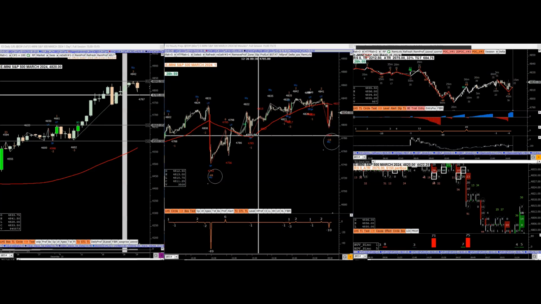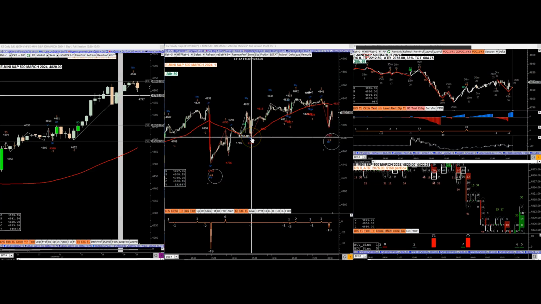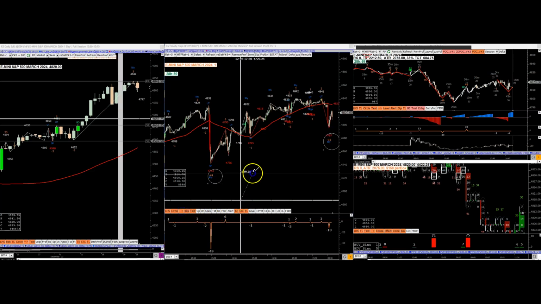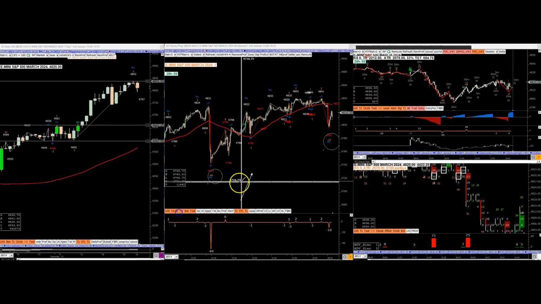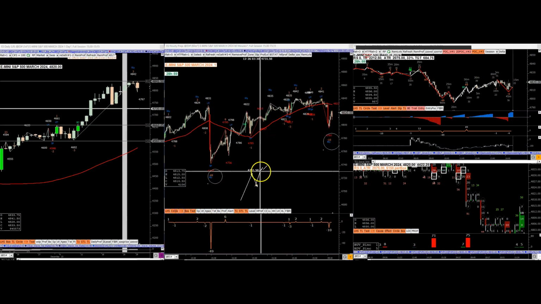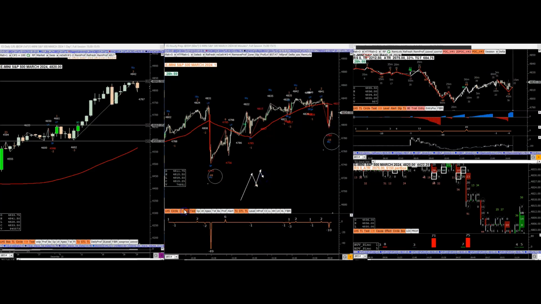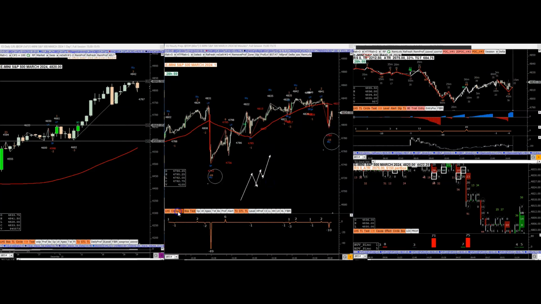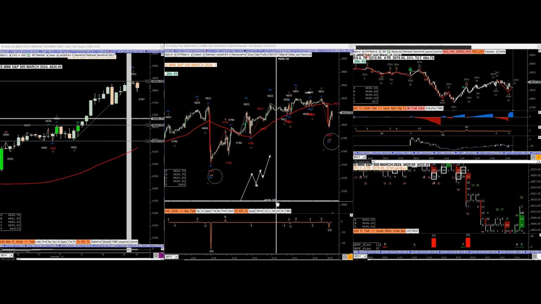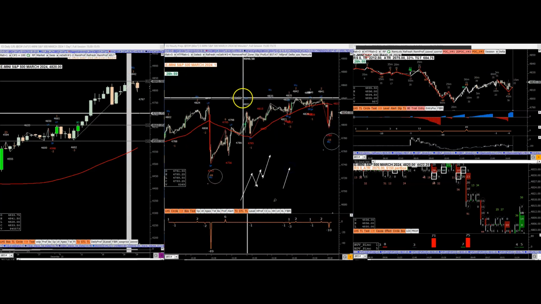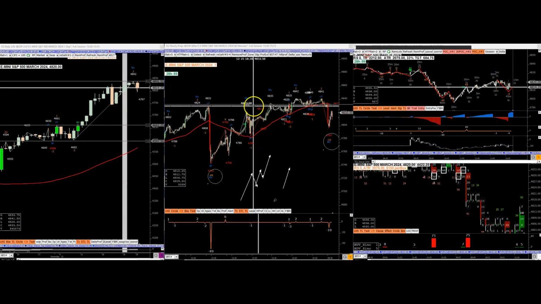If you learned any lessons, you want to see the structure of the market, right? The market structure is not higher lows. It's just not that simple. This is what you're taught. Really, the way the market works is you have a rally like this, as you can see.